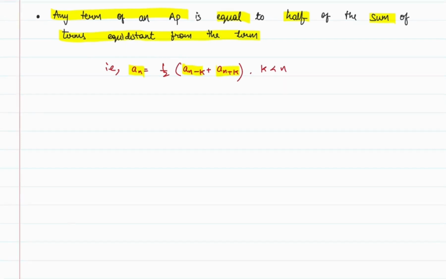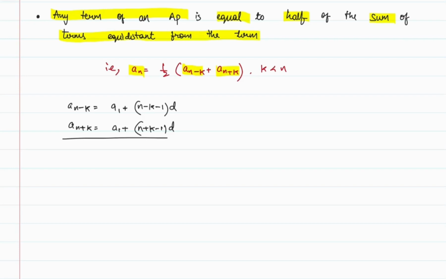This can be proved by writing the terms in the form of the first term and the common difference. So a(n minus k) will be equal to a1 plus n minus k minus 1 into d, and a(n plus k) will be equal to a1 plus n plus k minus 1 into d.